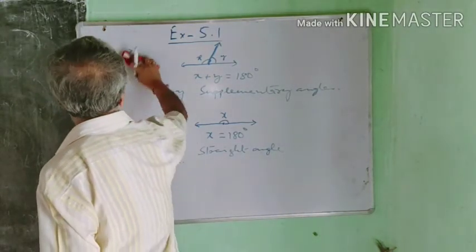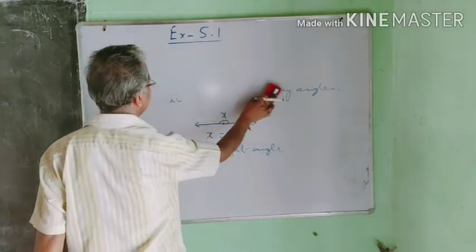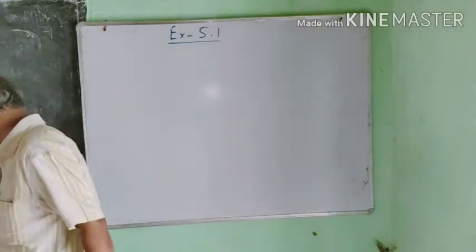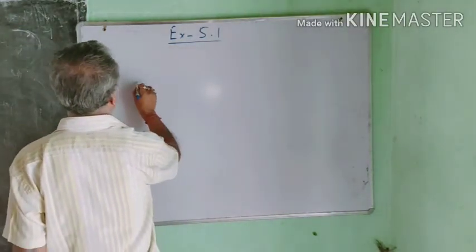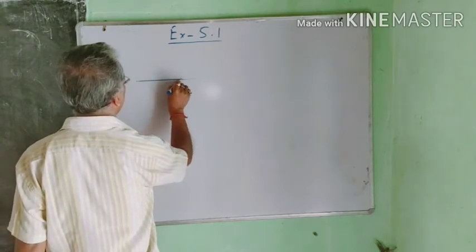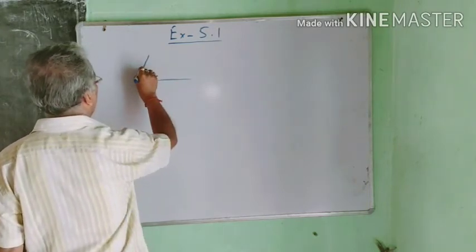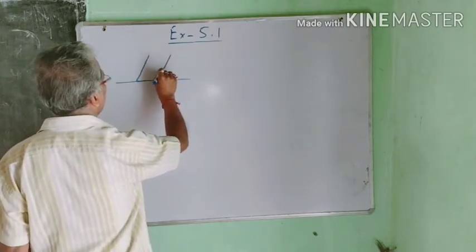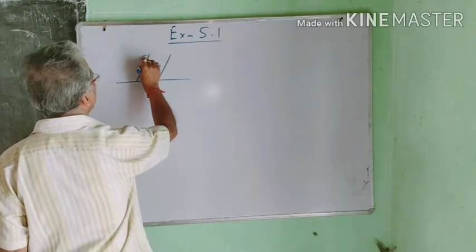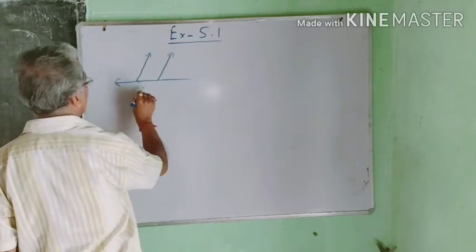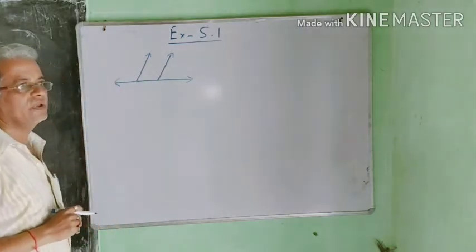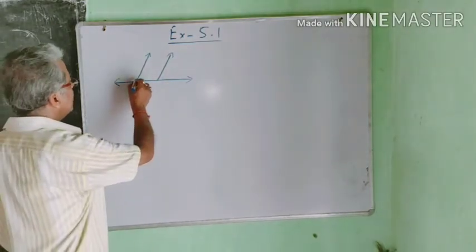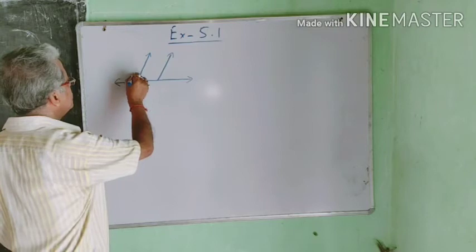We can discuss here other angles in addition to these. Here is a line, and there are two parallel lines here, and this is a line, that is, then these two angles are equal.